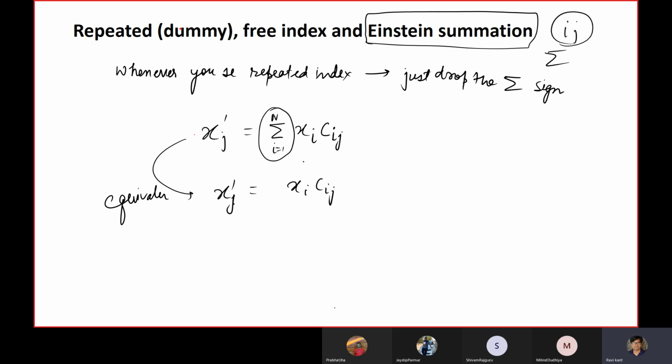There is nothing wrong to say this equation is equal to this equation. This is essentially the same equation. We just dropped this summation sign, and this dropped summation sign is often called Einstein summation notation.